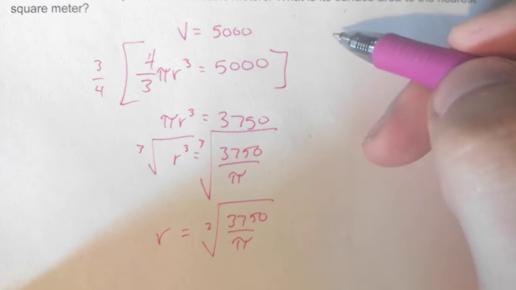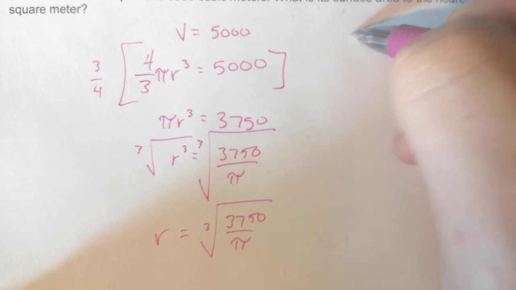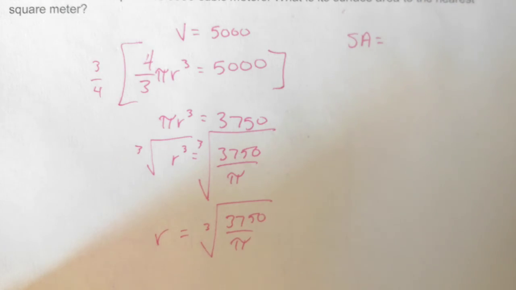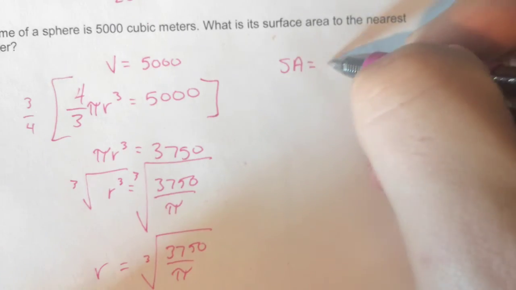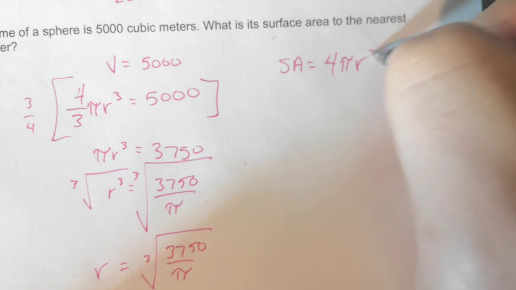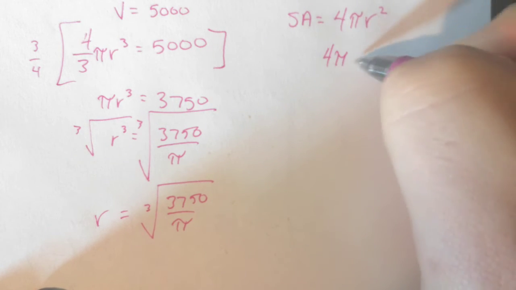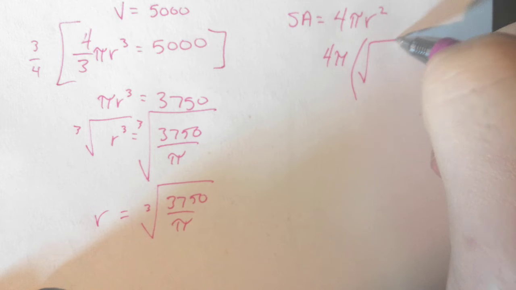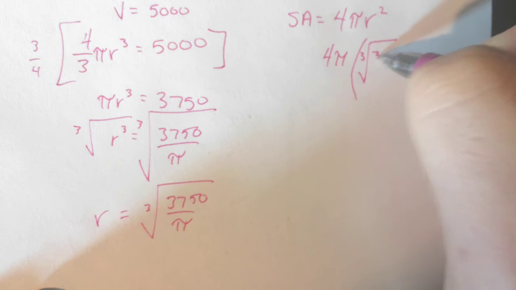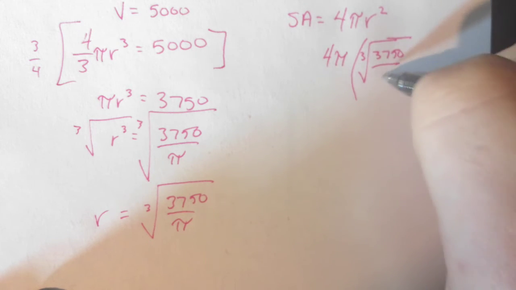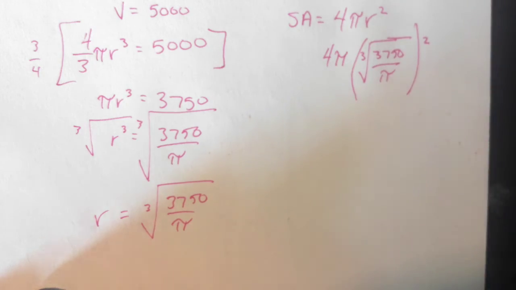And then I'm going to take that and plug it into my surface area formula. Surface area, do you remember it? 4 pi r squared, right? Surface area is 4 pi r squared. So that would be 4 times pi times the cube root of 3,750 over pi, squared.